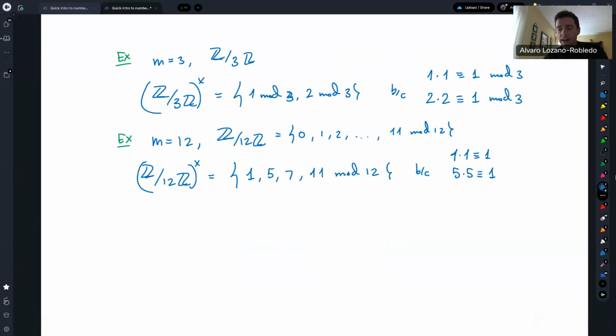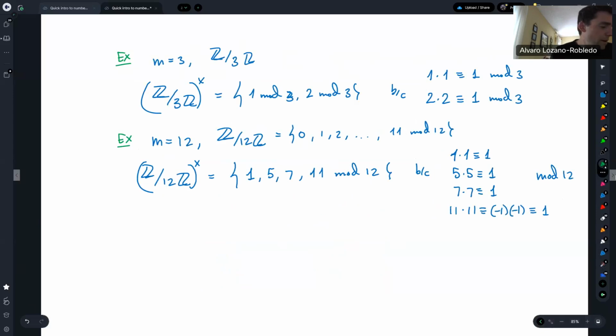That's not always the case, that a number will be its own multiplicative inverse. 7 times 7 also is 49, which is 48 plus 1. And 11 times 11 is minus 1 times minus 1, and that is 1, all of these mod 12. So all of those are their own multiplicative inverses. Let me show you something that also has a few units, but not everything is its own multiplicative inverse.